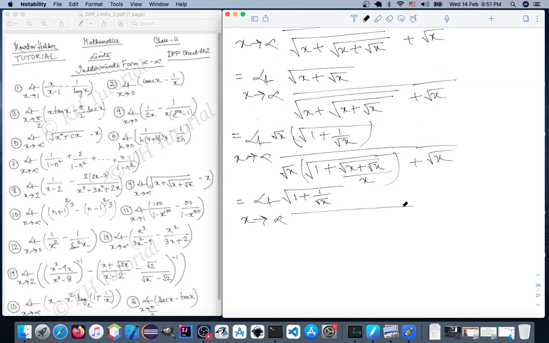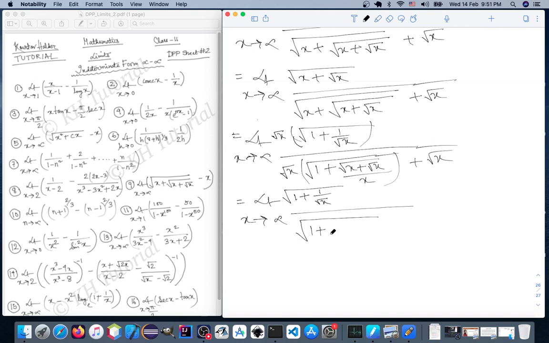and this thing over here, 1 plus... when x gets inside the square root, it will become x square.